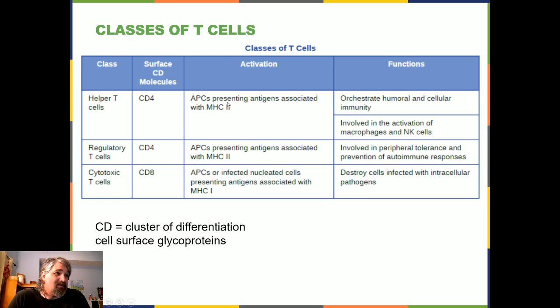These are activated by antigen-presenting cells presenting antigens associated with MHC class 2, and that functions to orchestrate humoral and cellular immunity. It's also involved in the activation of macrophages and natural killer cells. Regulatory T cells, again, MHC class 2 presenting, are involved in peripheral tolerance and prevention of autoimmune responses.